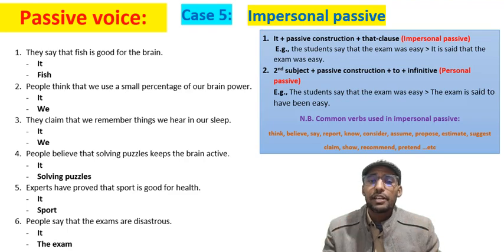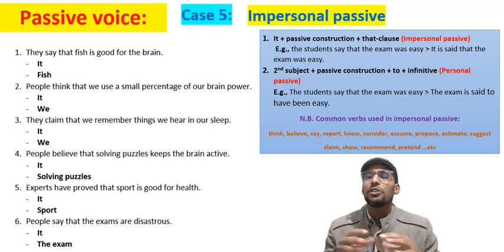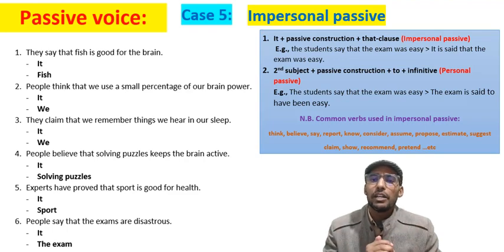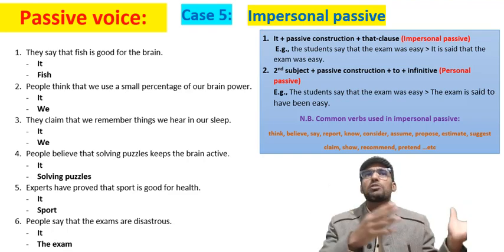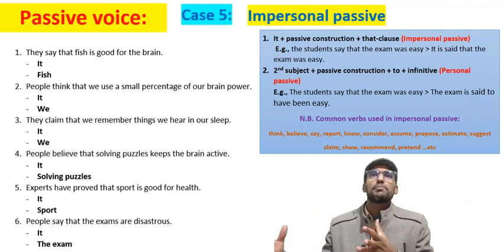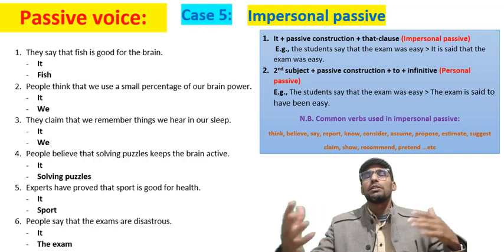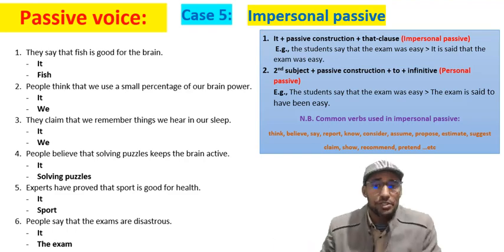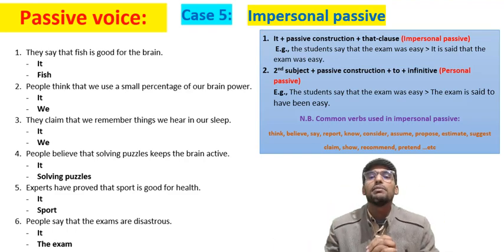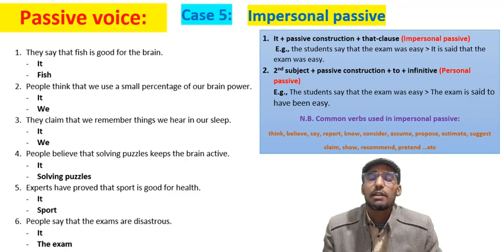Basically, this kind of statement is mostly used in our daily life, and also formally in news broadcasting. When you watch or listen to the news, you will hear a lot of such statements: people say that, people believe that, people assume that, people think that, and so on and so forth. So such statements are referred to as impersonal passive statements.